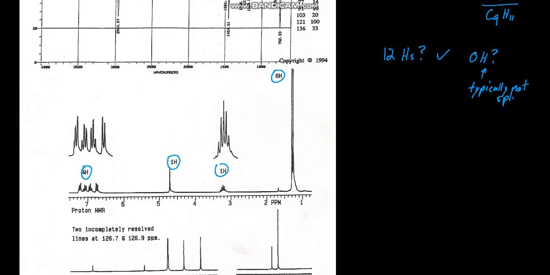Meaning they're singlets. So we can go looking for the singlet that integrates for 1 hydrogen, and there it is. That's pretty much the only one it could be, so we've assigned that one at 4.7 ppm. ppm is the units, or you could say delta 4.7.